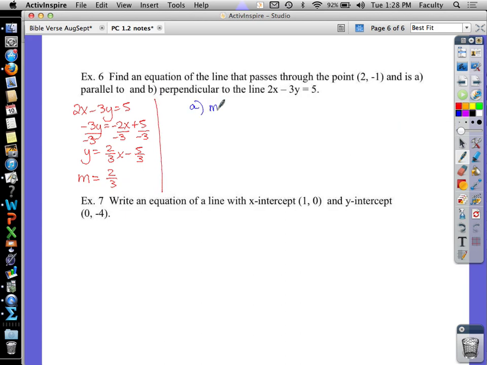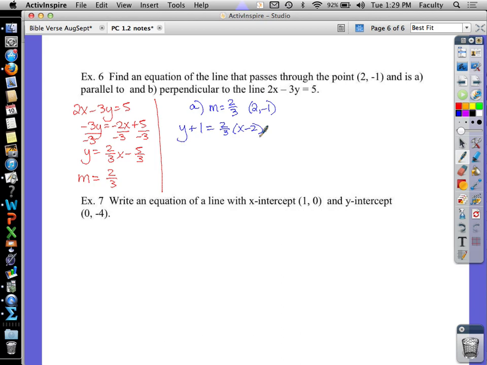So if we have a parallel line, we know that parallel lines have the same slope. So we're going to practice point-slope again. Are you guys okay with y minus -1 becomes y plus 1 equals 2/3 times the quantity (x minus 2)?